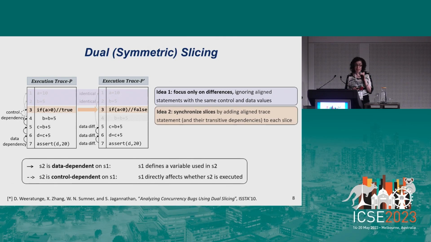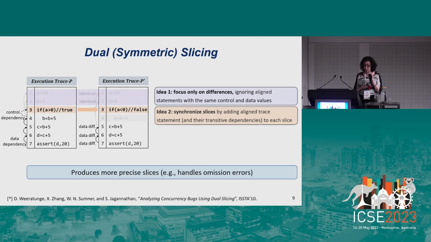The other thing that dual slicing does is try to synchronize slices by moving aligned statements that happen to execute in one version of the program but not in the other, moving them to the other version together with their transitive dependencies, to give the developer a more comprehensive, symmetric picture of the failure. And the authors of this paper show that dual slicing produces more precise and more concise slices that can help developers pinpoint failures, including omission errors, like in our example on the right.